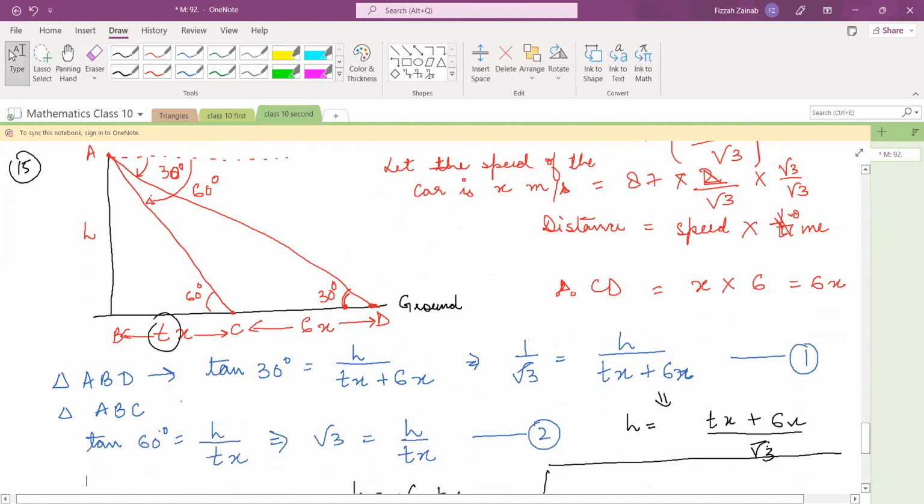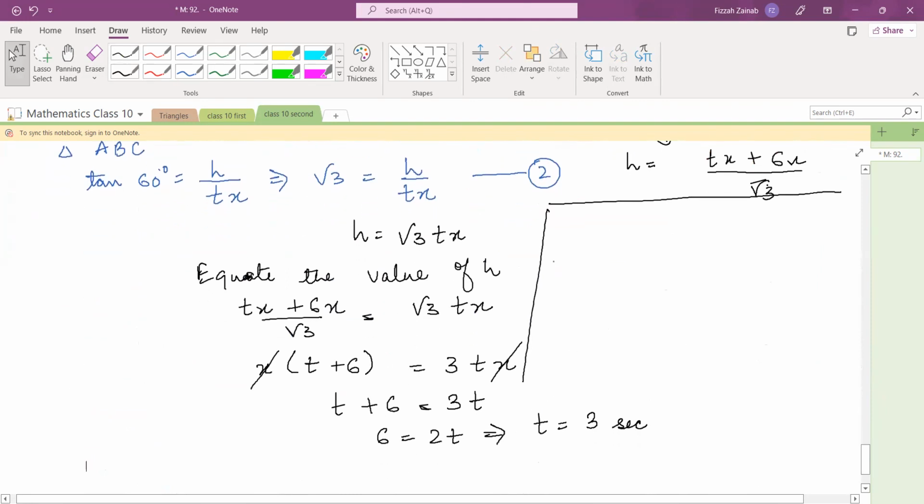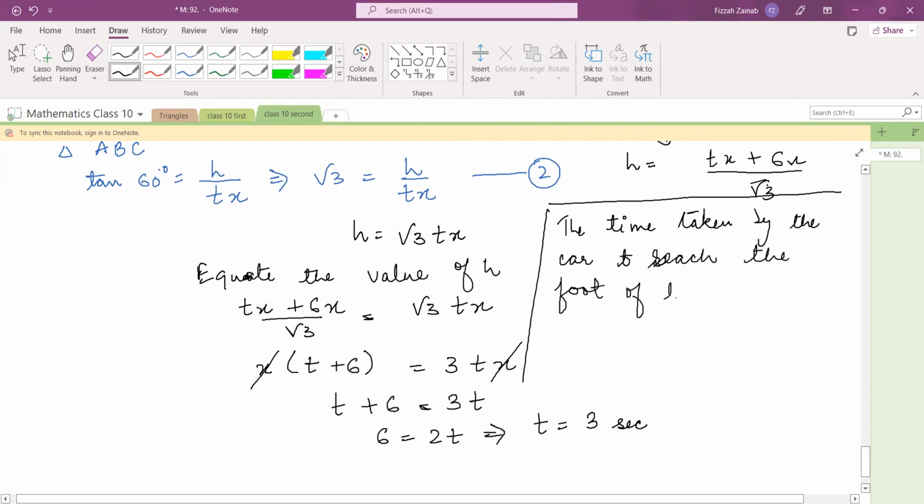Okay, so I can write, just conclude it with a line. The time taken by the car to reach the foot of the tower from point, yeah, from which point the car is going?